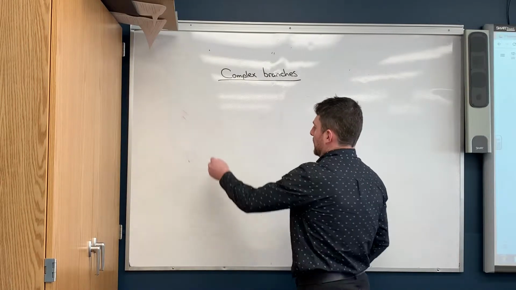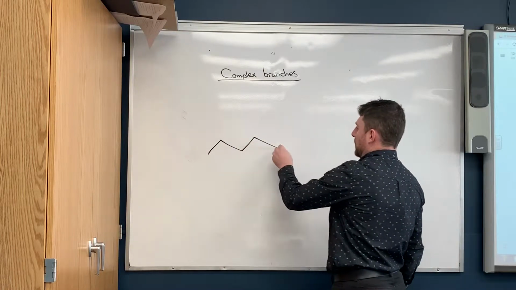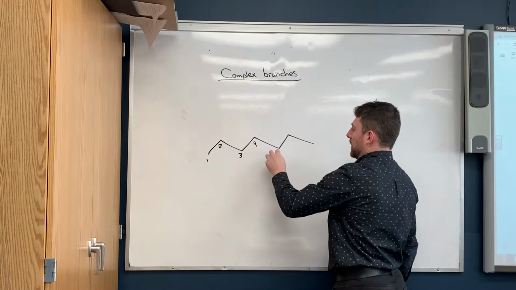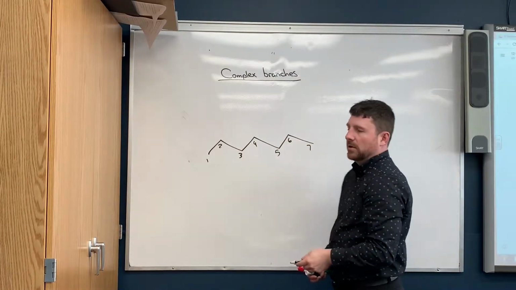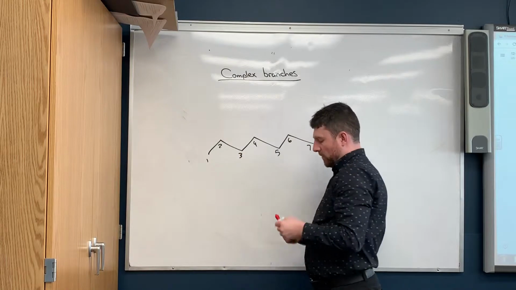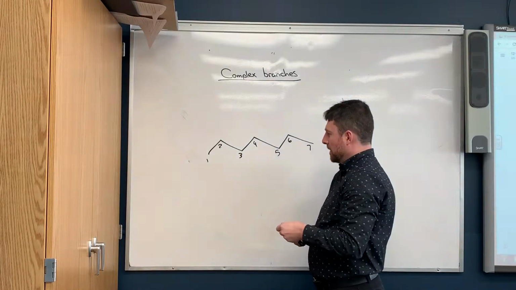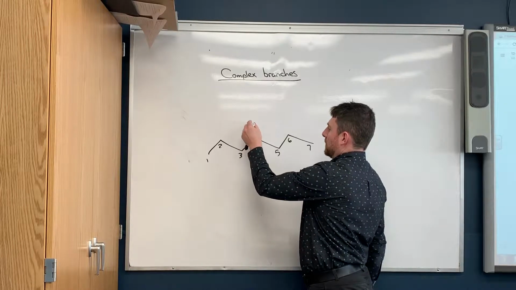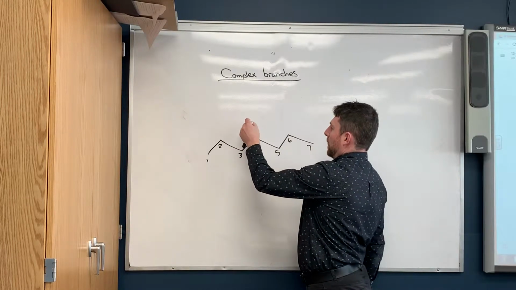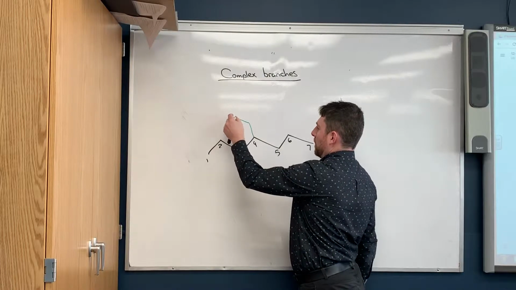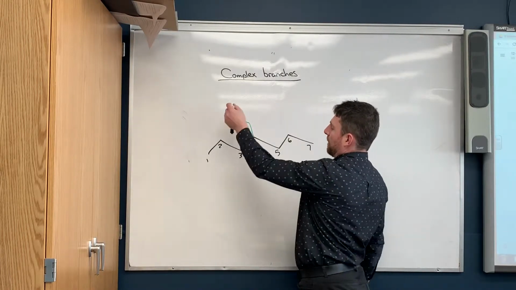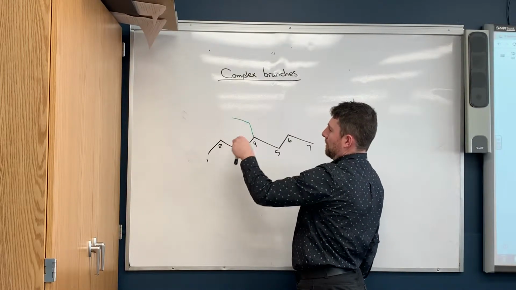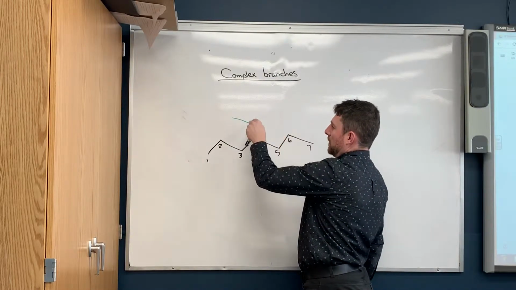So I'll draw another example. That was your 1 methyl ethyl branch. All right, so how about we do the 1, 2, 3, 4, 5, 6, 7, a 7 carbon long main chain. Here on the 4th carbon, I'll do a methyl ethyl already.